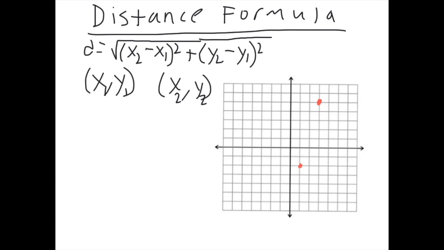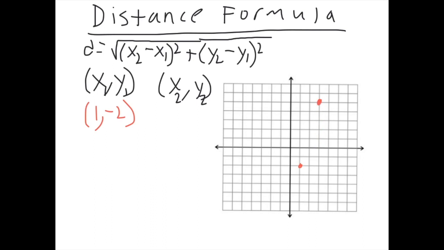So let's look at these points right here. So this first point is 1, negative 2. So we'll write that down. Our first point is at 1, negative 2. Our second point is over 3, up 1, 2, 3, 4, 5.